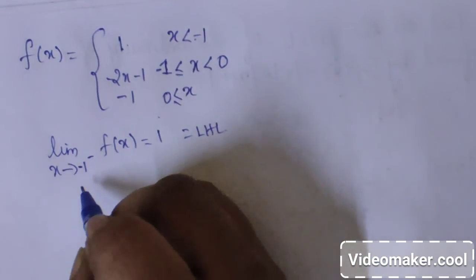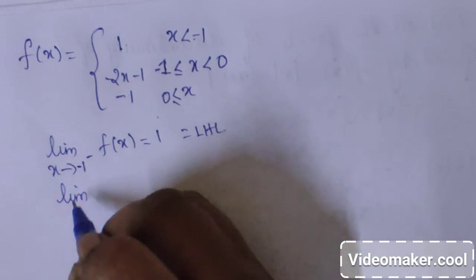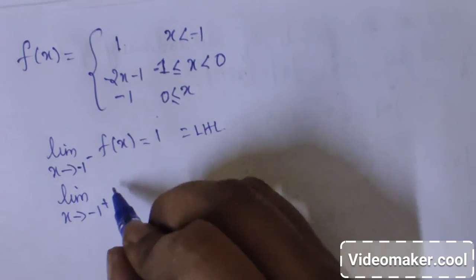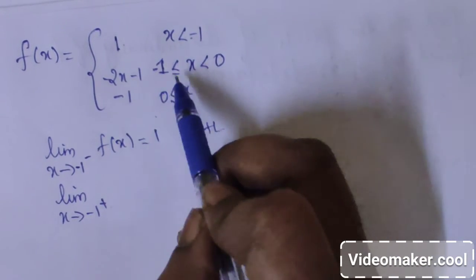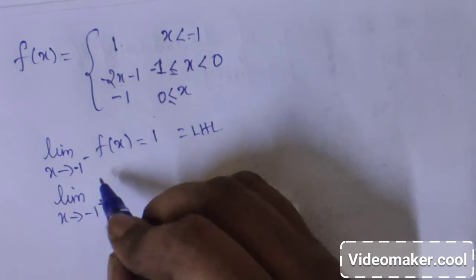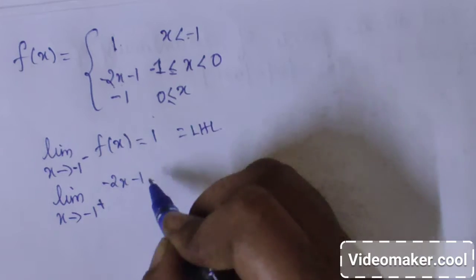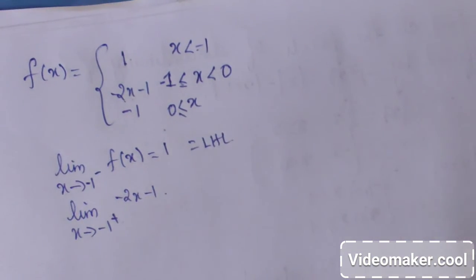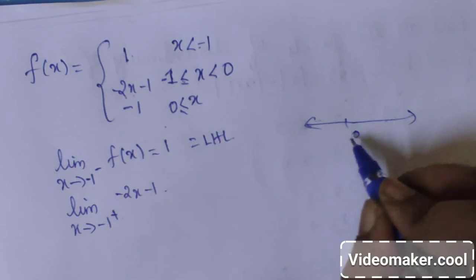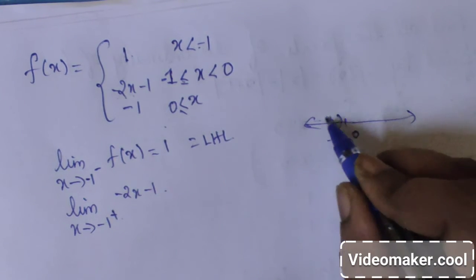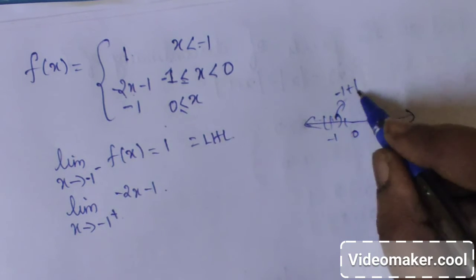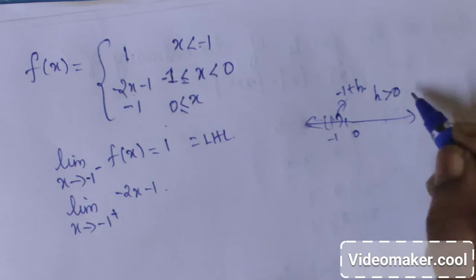Now we will calculate limit x tends to -1 from the right hand neighborhood. In the right hand neighborhood, we have the function as -2x minus 1. Here we have elements like -1 plus h, where h is a small positive real number.